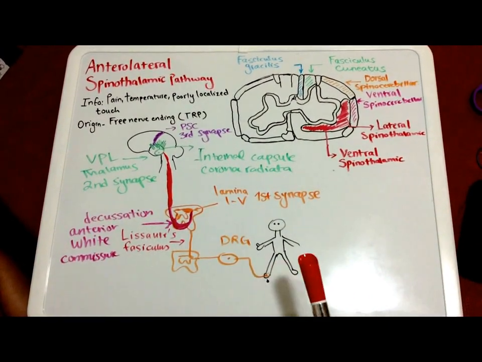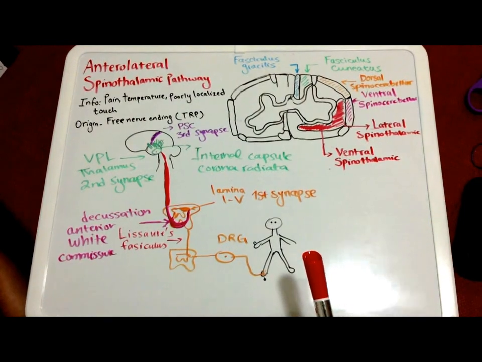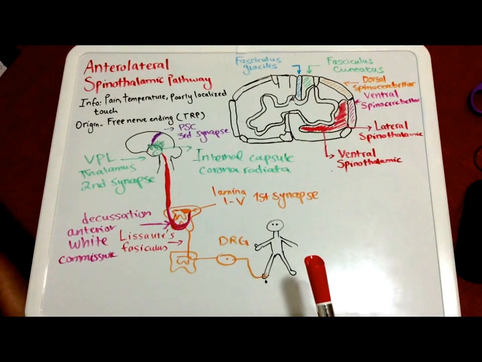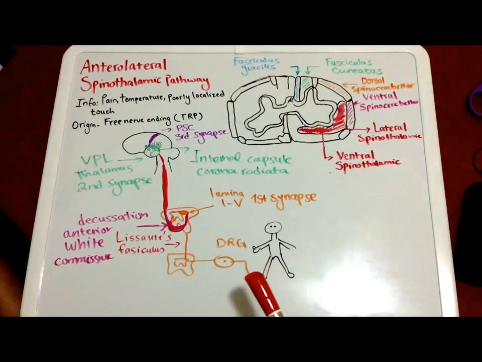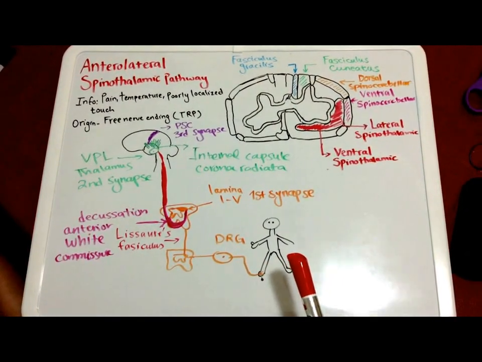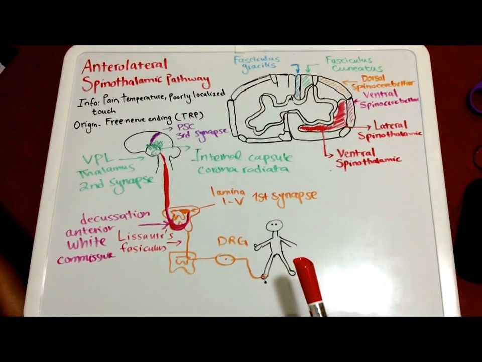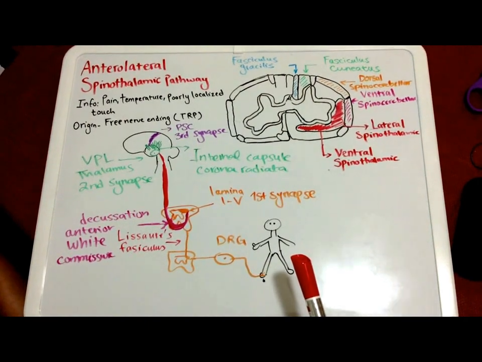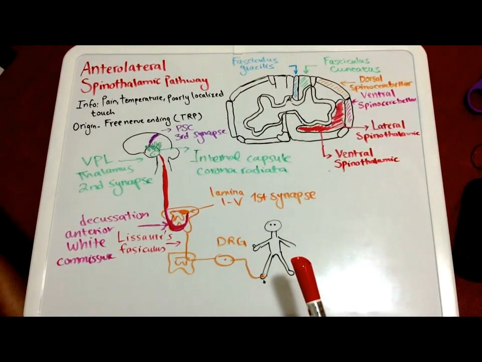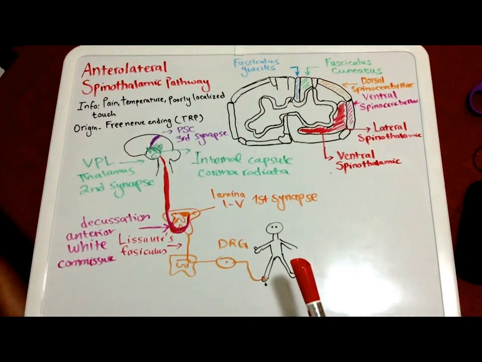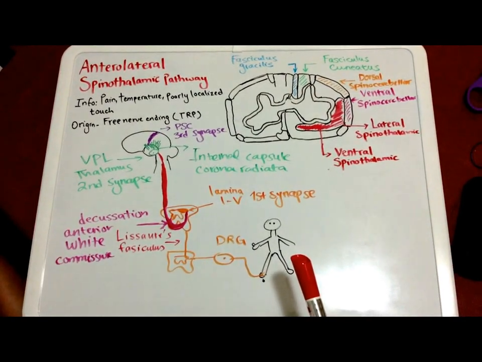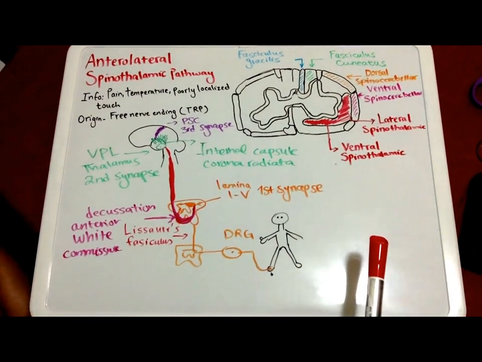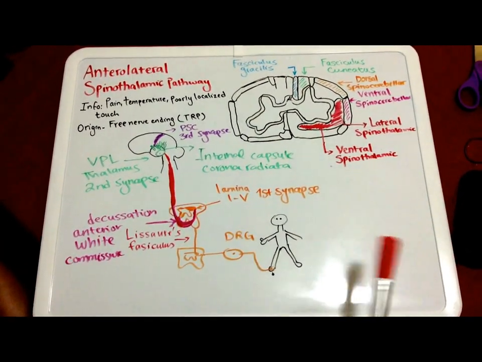That's because right before it gets to the thalamus, both tracts are really close, so if there is damage or dysfunction there, both pathways are going to be affected and show symptoms on the contralateral side because both pathways decussate. Although the dorsal column pathway decussates in the caudal medulla and the anterolateral spinothalamic pathway decussates in the spinal cord, at the level of the brain they are both contralateral, and at the level of the midbrain, if there's damage there, both pathways are going to be affected.